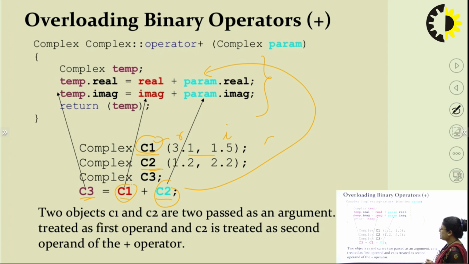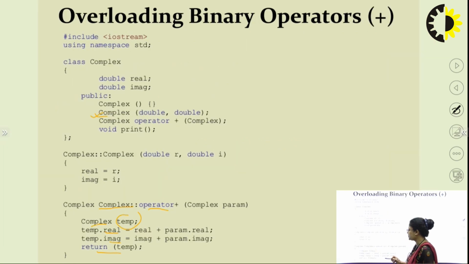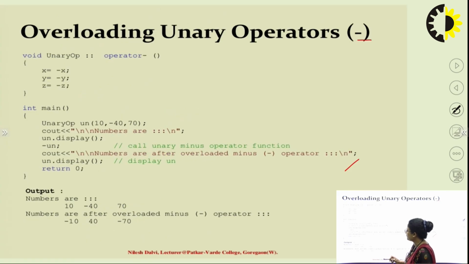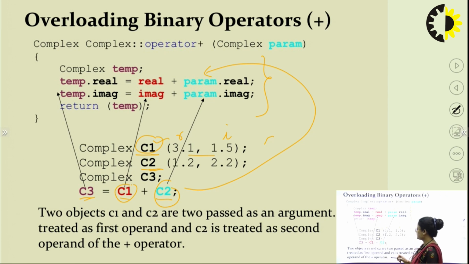So ultimately, we will have something like this. If you look at it, this is C1, this is C2. For C1 we are calling the print function. If you remember the print function, we have the print function here. Okay, the print function, we somehow have missed it out here.